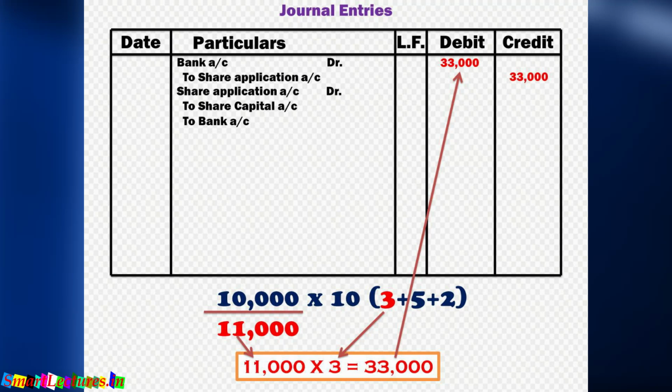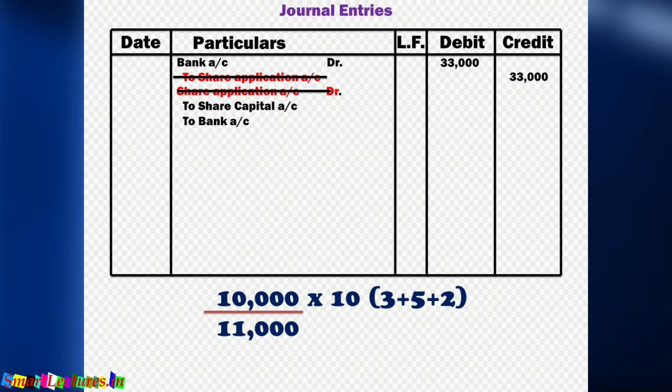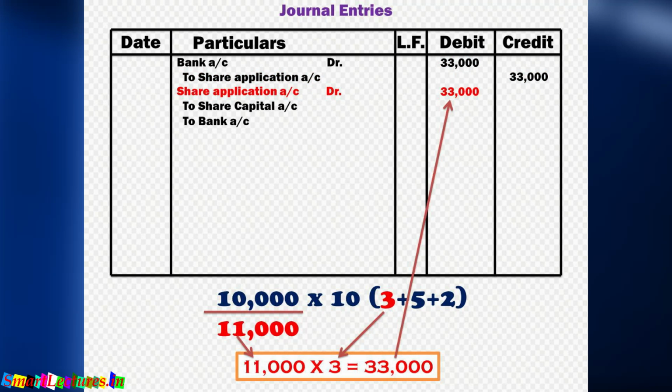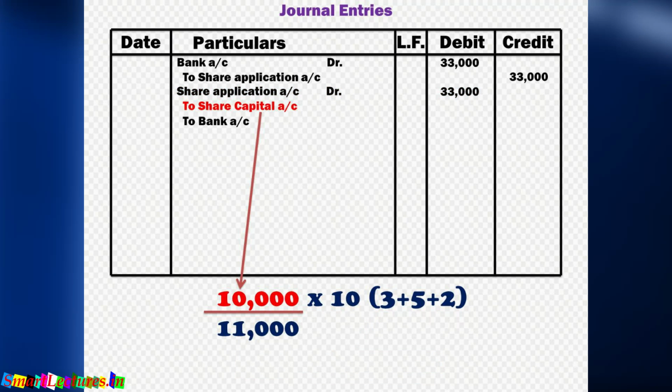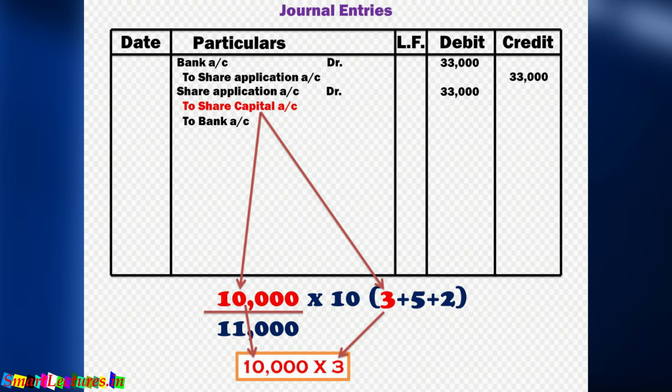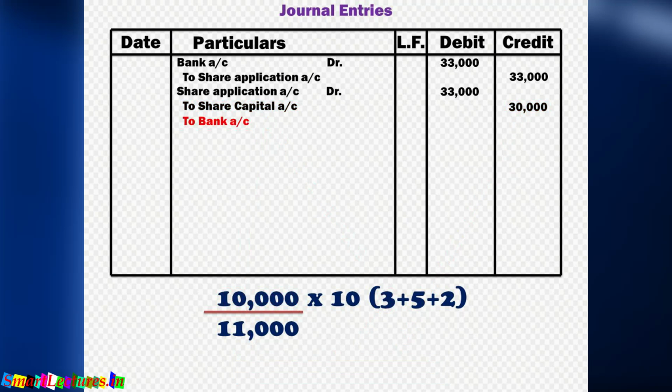And you know, the application account will be cancelled immediately, means share application account will be debited by rupees 33,000, and to share capital, because in this situation the company cannot credit the capital for more than 10,000 shares. We have to credit the capital of rupees 3 on 10,000 shares. That will be 10,000 into 3, 30,000 rupees, to bank.